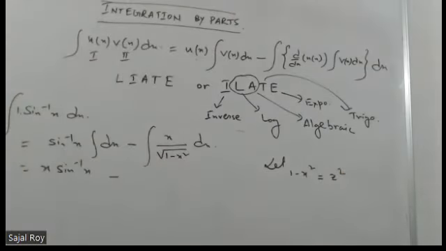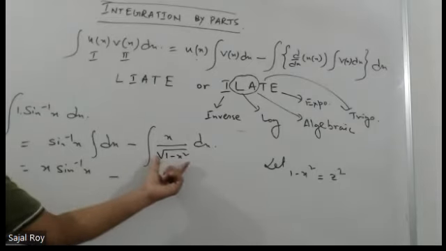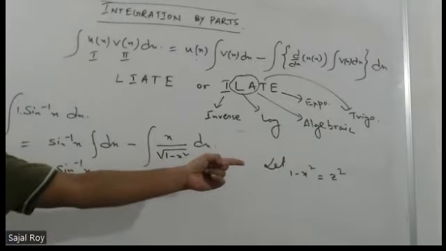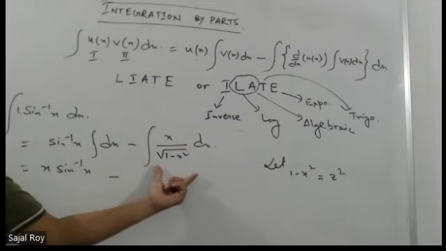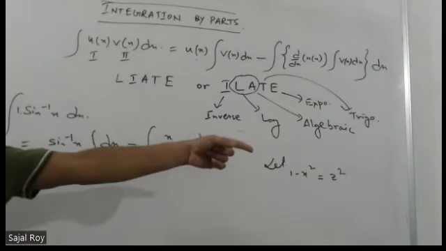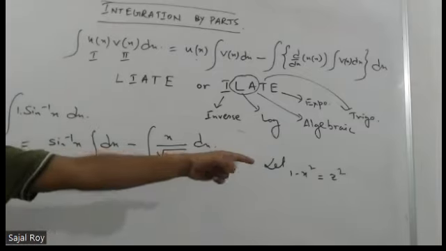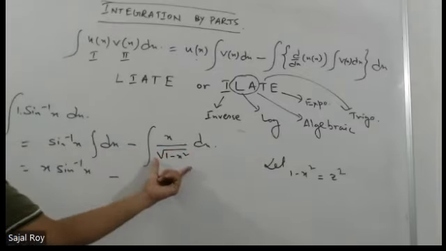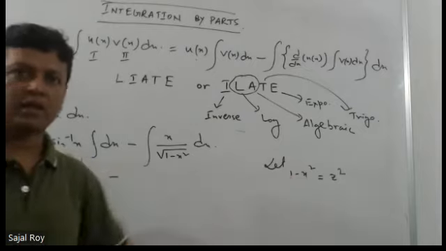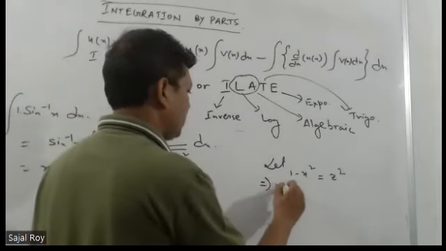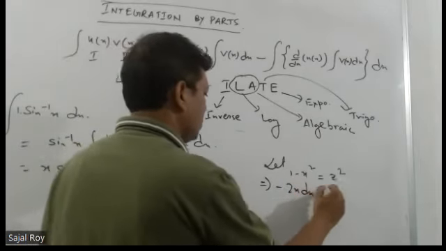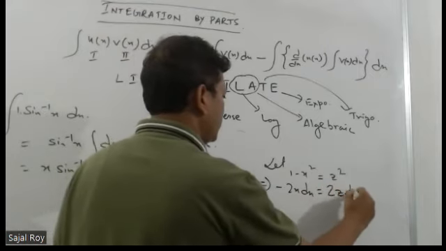What is my substitution? I told you your substitution will be to remove the fractional part in the denominator. What is your fractional power? Half. So my substitution is z square. If your fractional power is 1/4, z to the power 4. If it is 1/3, z cube. So here, 1 minus x square equals z square, so minus 2x dx equals 2z dz, right?